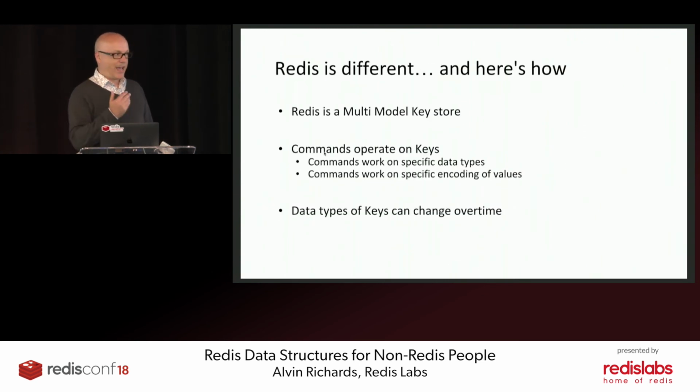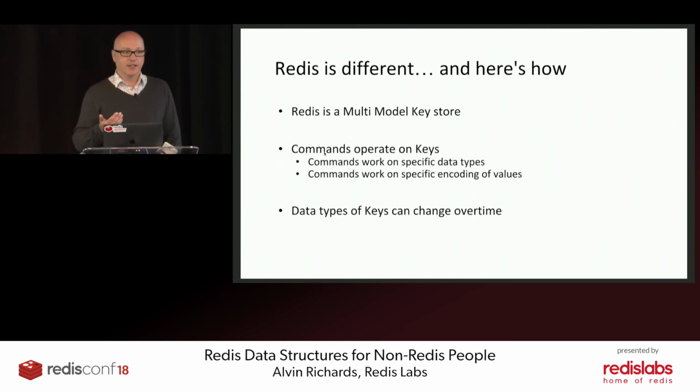So how is Redis different? As you probably already know or been in several other talks, Redis is a multi-model key store. And this means that we have a set of commands that operate on those keys. But some commands operate on specific types of keys, and then those commands can only operate on specific values within those keys. Right?